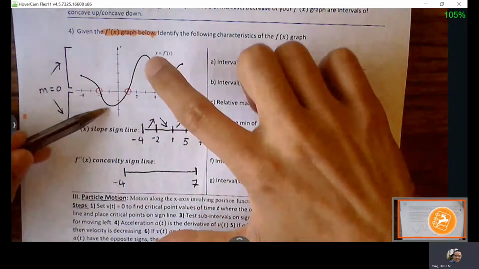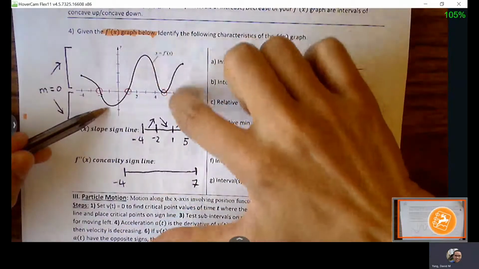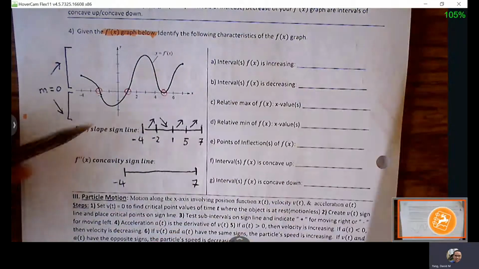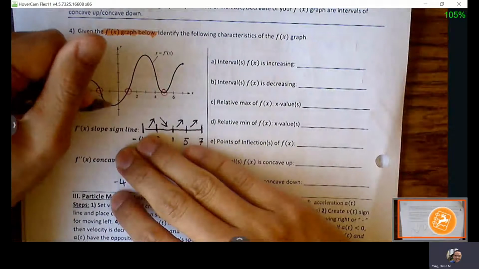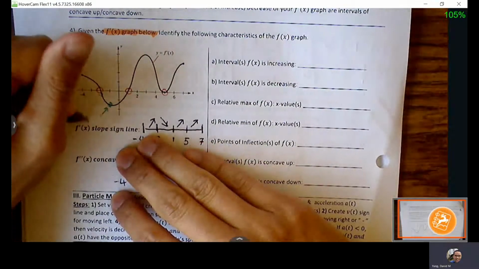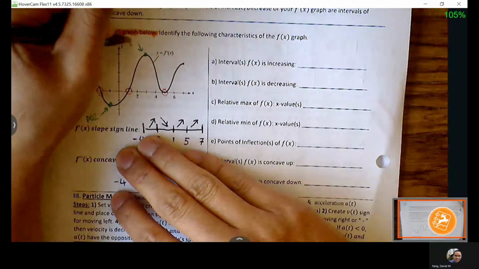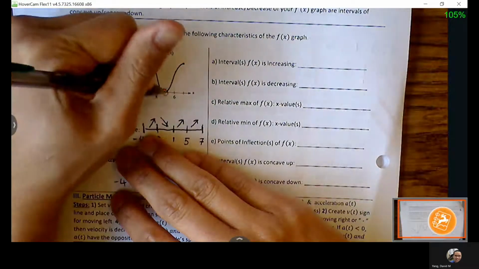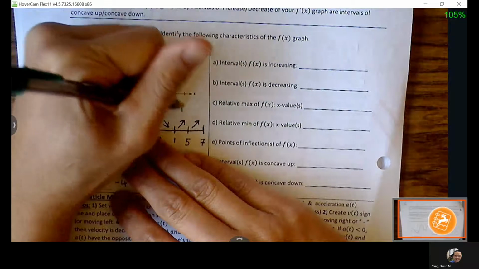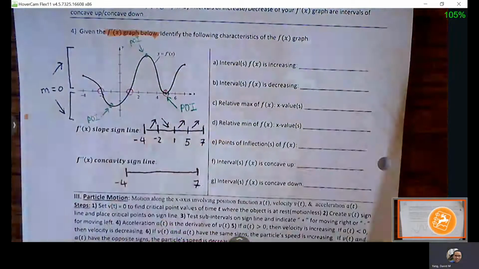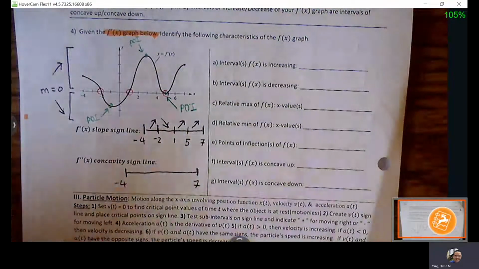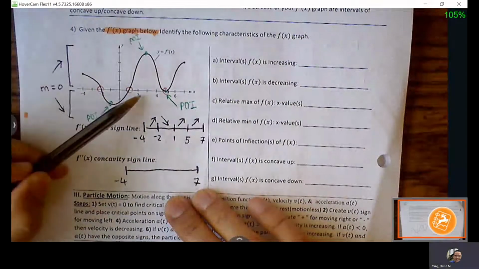Peaks and valleys, right? Max and mins of your f prime graph are going to be the points of inflection of the original graph. So you've got a point of inflection here. So -1, 3, and 5.